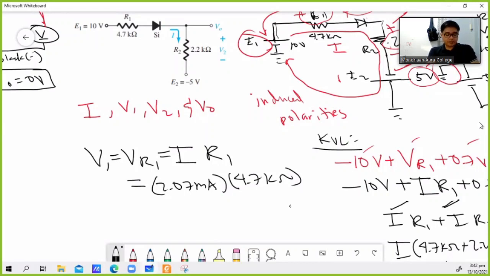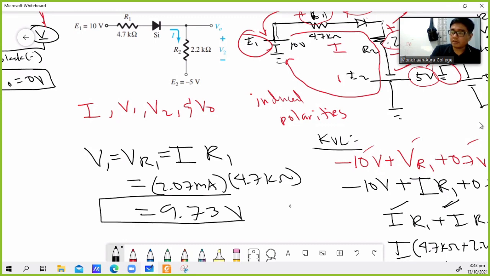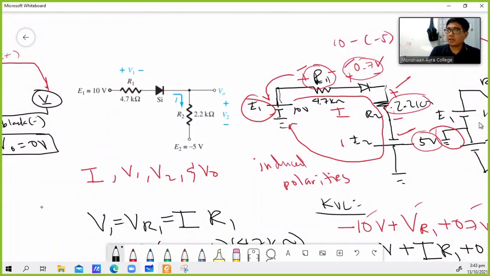So 2.07 times 4.7, round off natin sa 2 decimal places. So this is 9.73 volts. So ibig sabihin, meron kang voltahe ng 9.73 volts dito sa iyong R1. Okay, how about R2?